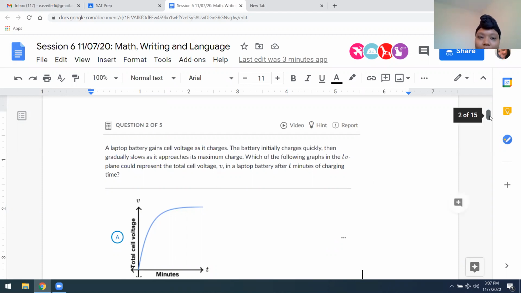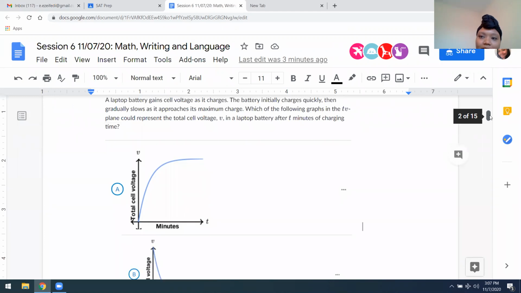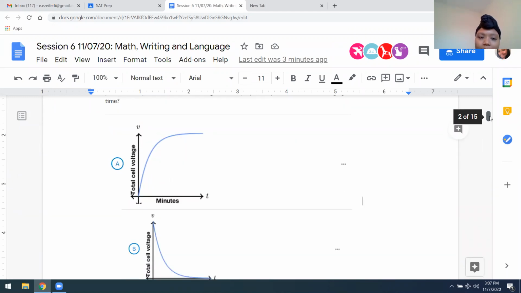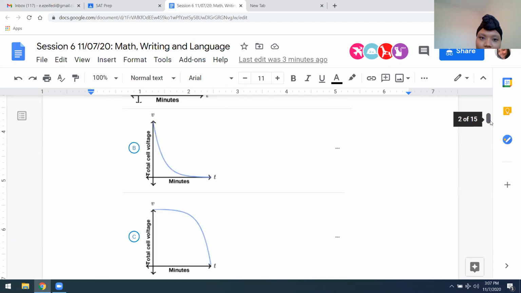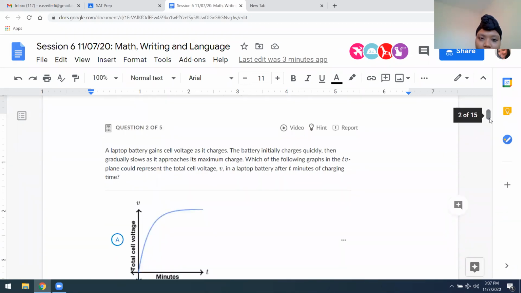The answer choices you can look at before you orient yourself with the question. We see that V has a vertical axis, that means this vertical line here, and T is horizontal. That's true for all of the answer choices. So I'm going to go back up to the question.